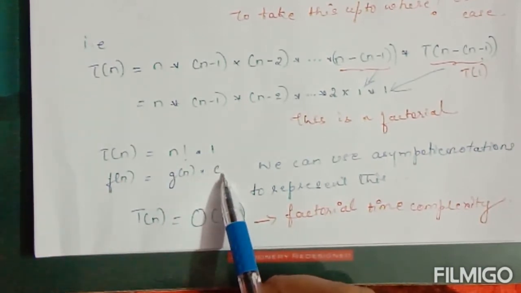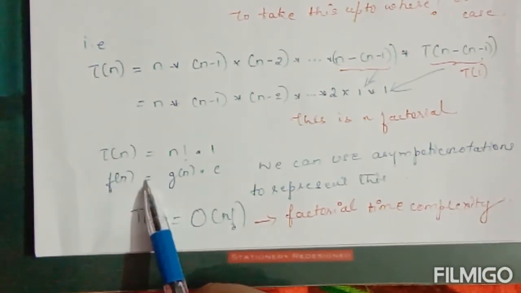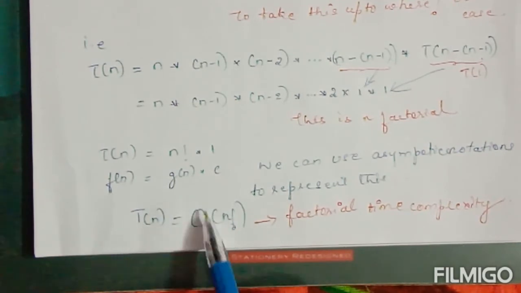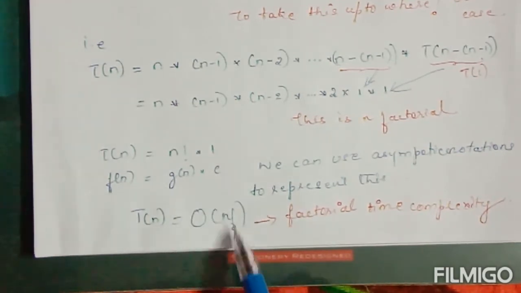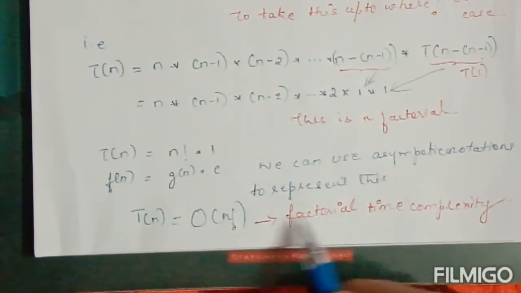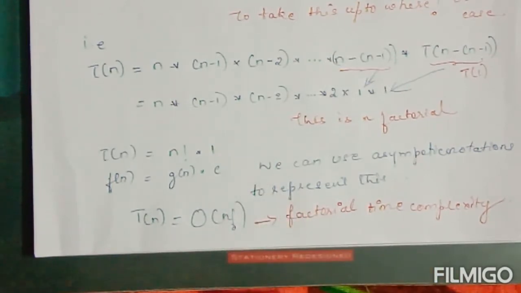So now we can use our knowledge of asymptotic notations. If your f of n equals c into g of n, right, then t of n is big O of n factorial, because this will never become bigger than n factorial. So this particular problem has the factorial time complexity.